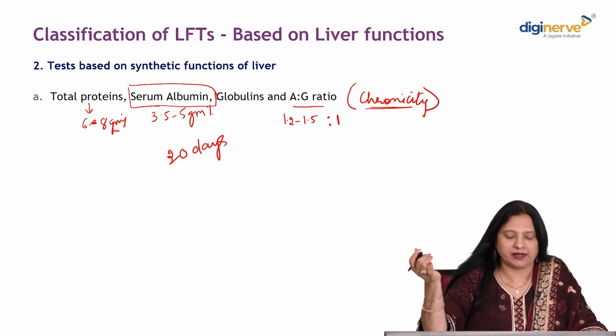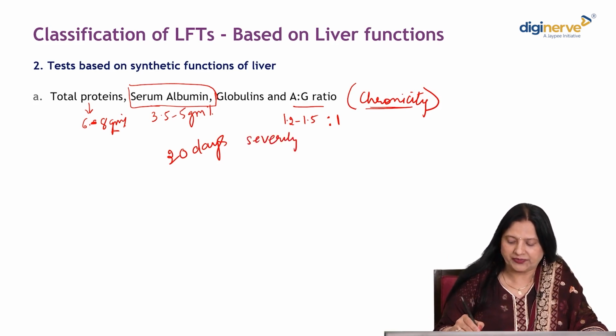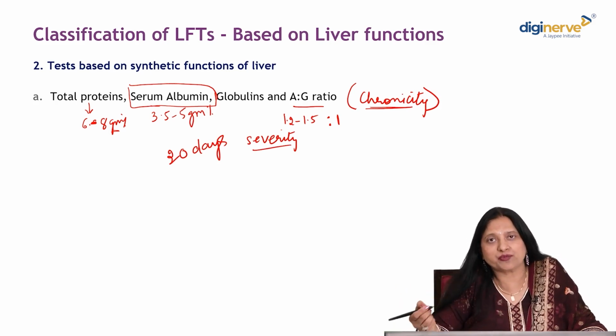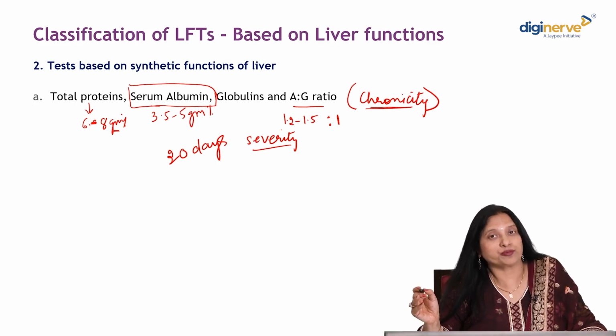Another important thing about albumin is that it also reflects the severity of the disease. In patients with massive hypoalbuminemia because of massive liver cell function loss, even when parenteral albumin infusion is given, the patient doesn't show any recovery, so that shows poor prognosis.